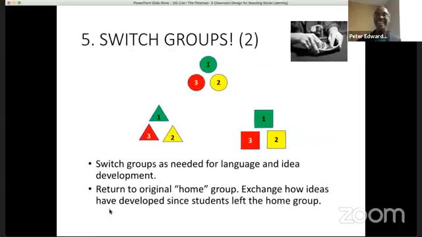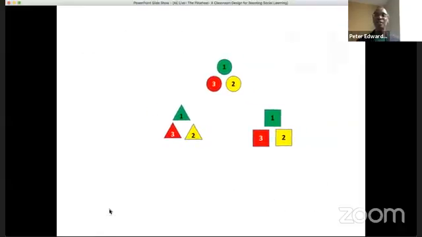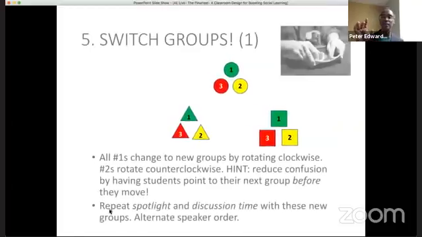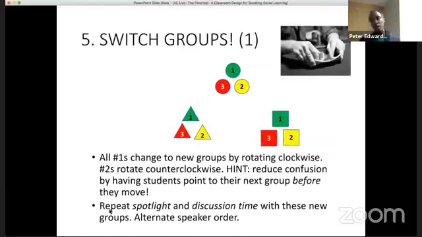Let's talk about the switching of the groups. We have talked about number one moving clockwise and number two moving counterclockwise. Now, when we're first training the students to do this, usually after a couple of classes, they can do it very, very quickly. But in the beginning, sometimes I'll say, number one, stand up. You will move. Which direction?